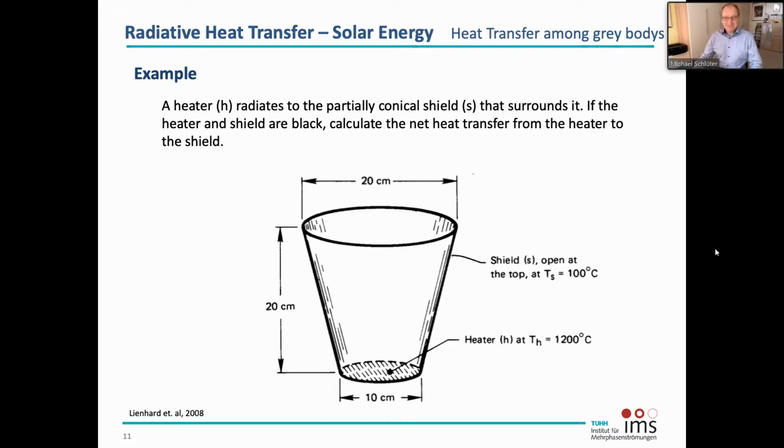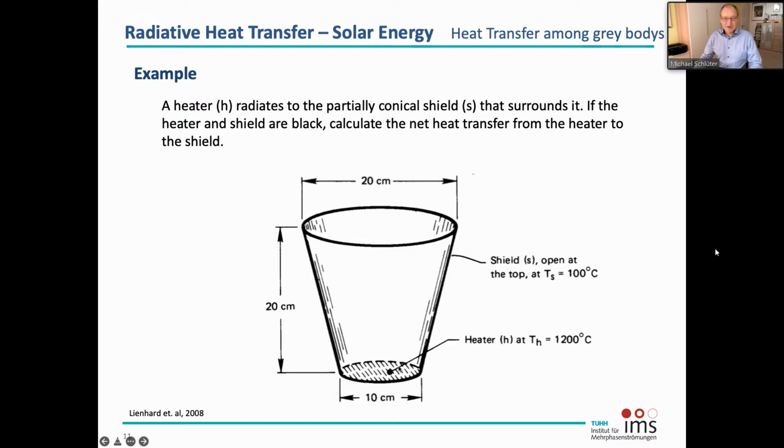And let's say we assume the heater and the shield are black, so that we can assume this is a black body.